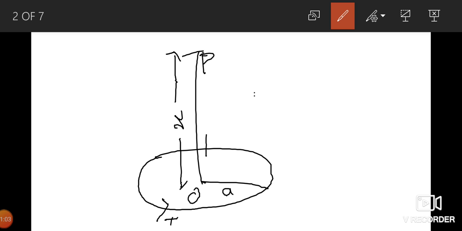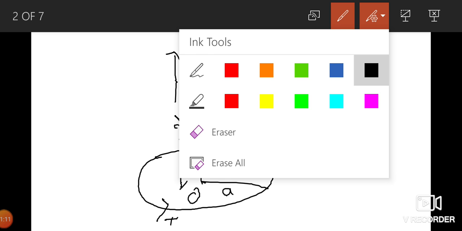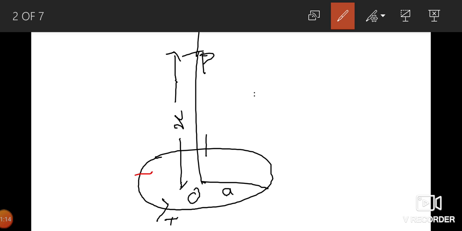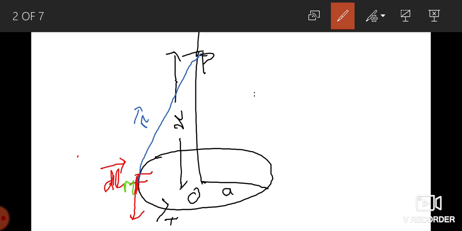This point is P. Then consider a small section dl of the conductor at M. Let's join the points P and M and take the distance as r, and the angle between r and x we take as alpha. Here the angle between the dl vector and the r vector is theta.